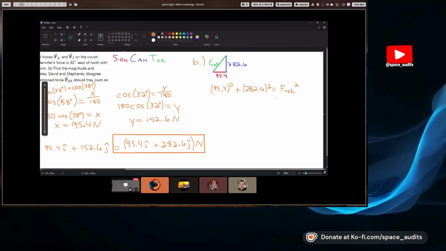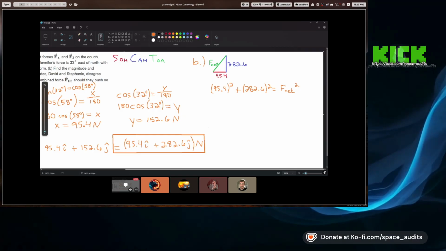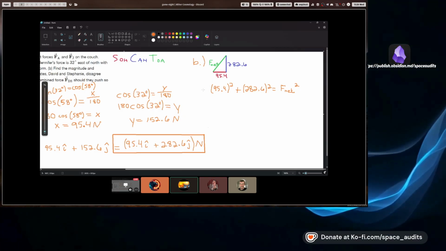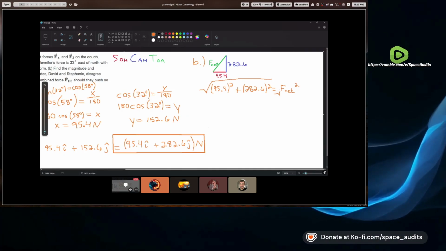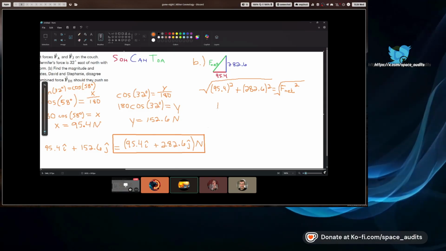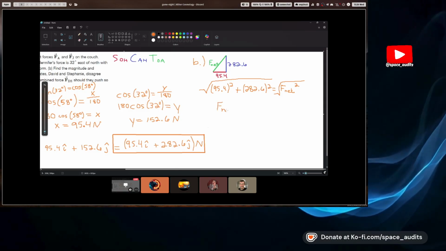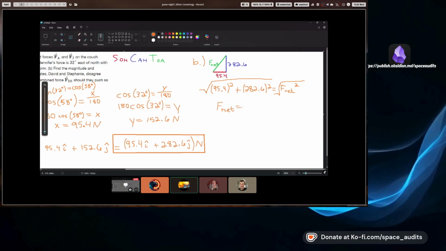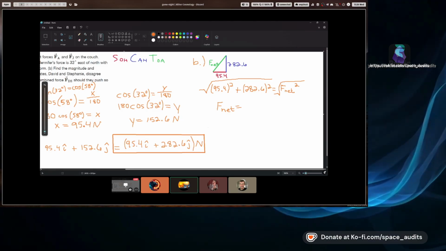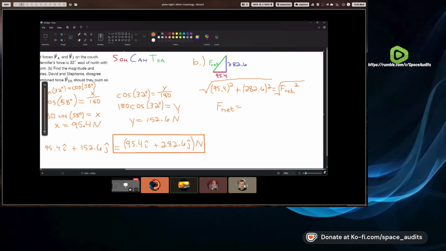Square root, right? All right. So if I square root everything, what I get left with is F net equals the square root of 95.4 squared plus 282.6 squared. So let me plug that into my Wolfram Alpha.